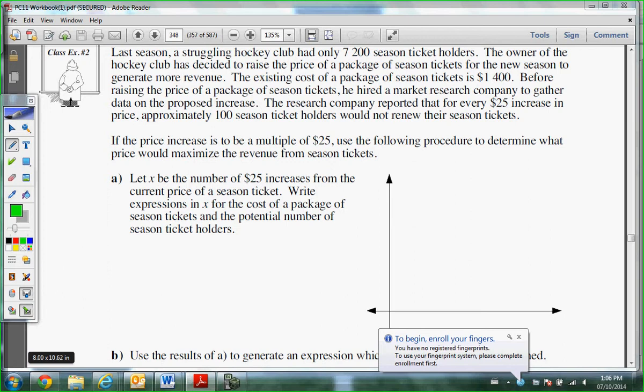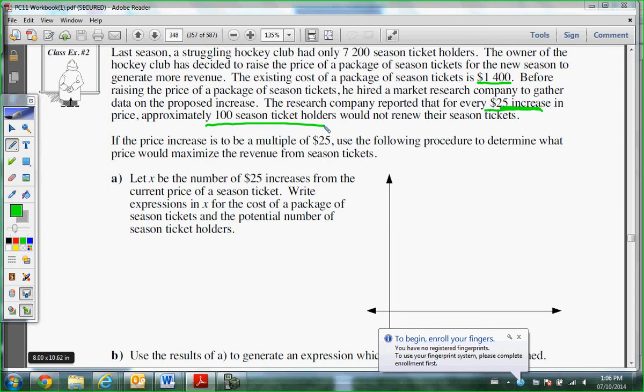Before raising the price, he hired a market research company to gather data on the proposed increase. The research company reported that for every $25 increase, they'll lose 100 season ticket holders. So for every $25 they increase the price, 100 people will say, I don't want it.